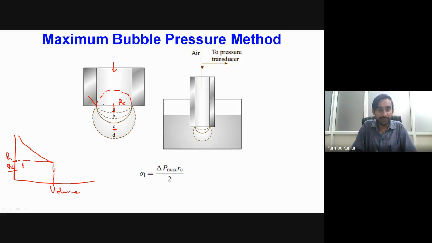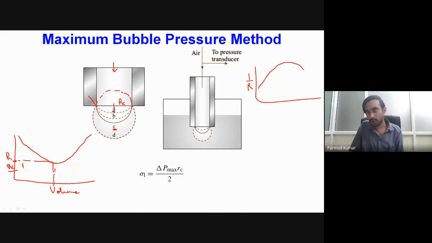When the size of the bubble goes beyond the entire spherical profile, our radius of curvature will once again increase. So you can see that this is the profile of the radius of curvature. If you plot curvature, it is opposite to the profile of the radius of curvature.